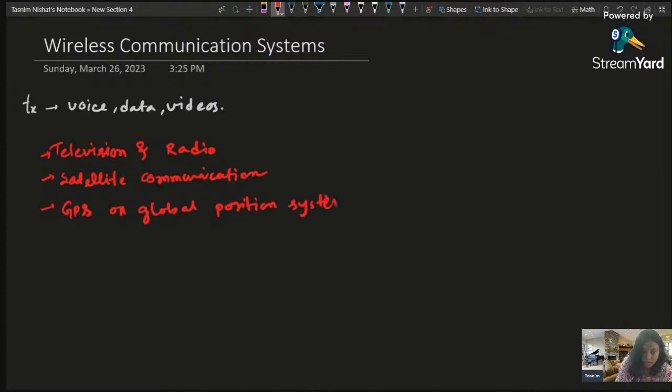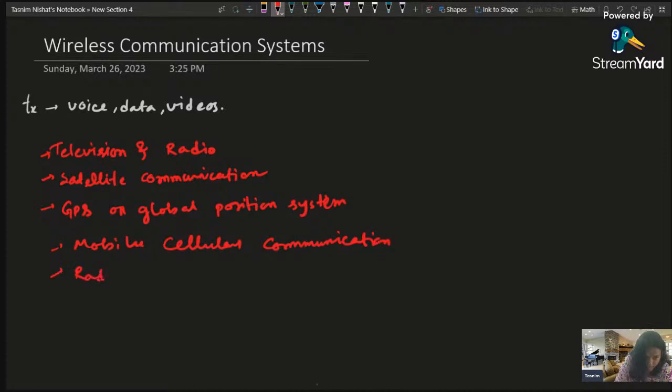GPS, it's global positioning system. We have mobile cellular communication.